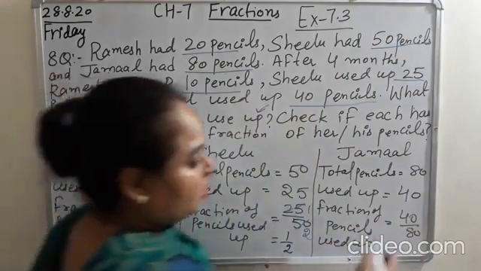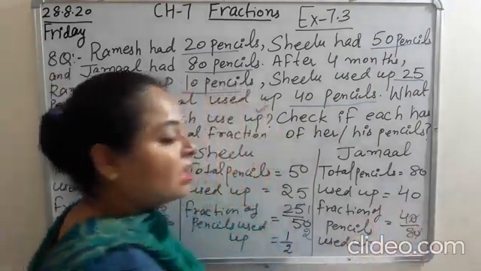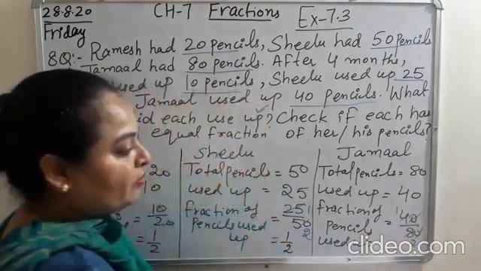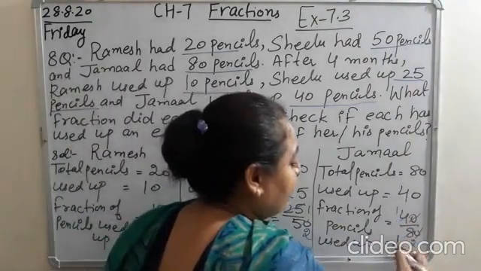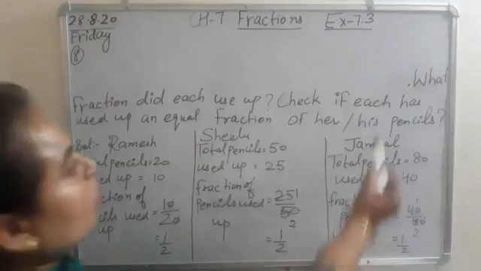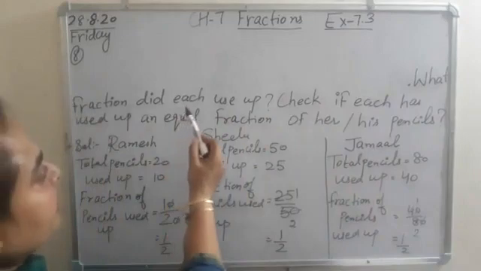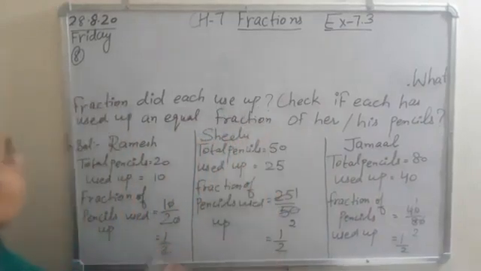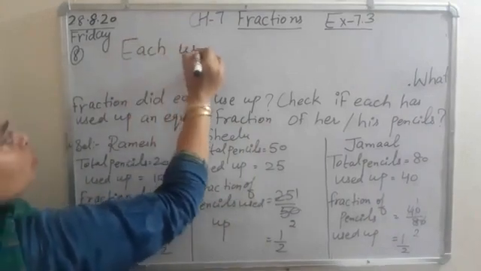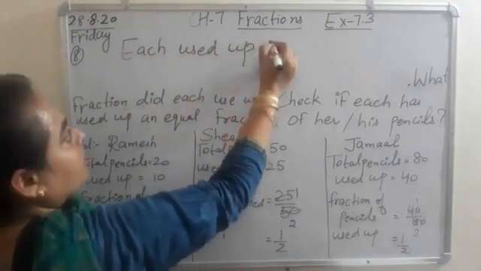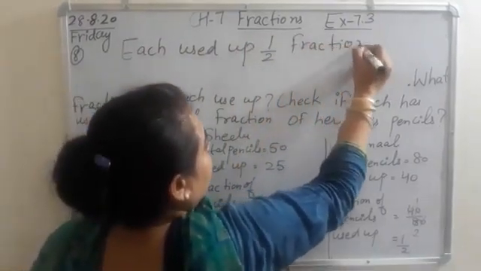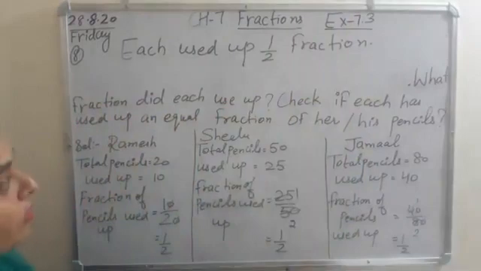Now cancellation, 0, 0 cut, 4 1s are 4, 4 2s are 8. So after cancellation we will get 1 by 2. Now what fraction did each use up? So we will write each used up 1 by 2 fraction.